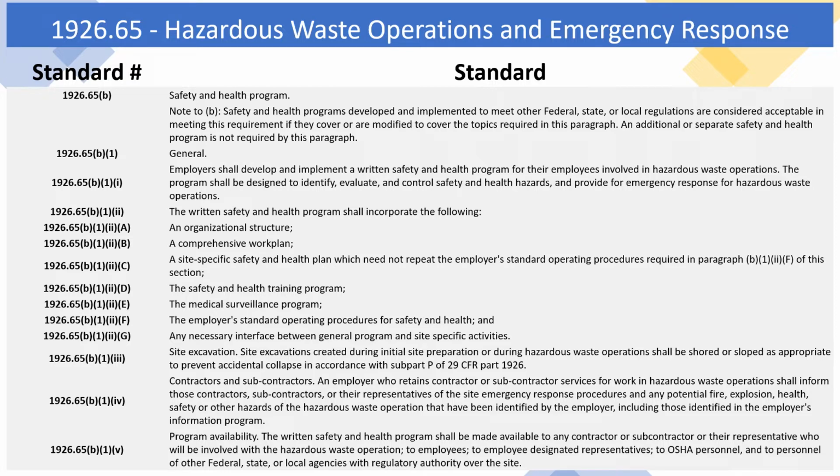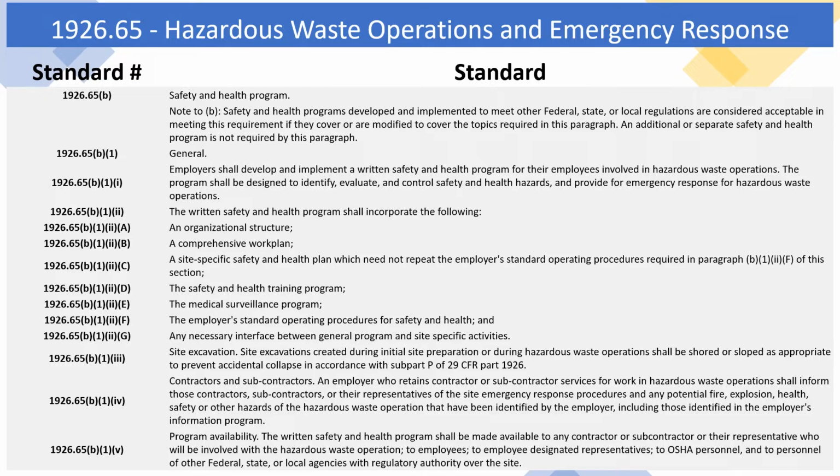1926.65(b)(1)(iii): Site excavation. Site excavations created during initial site preparation or during hazardous waste operations shall be shored or sloped as appropriate to prevent accidental collapse in accordance with Subpart P of 29 CFR Part 1926. 1926.65(b)(1)(iv): Contractors and subcontractors.